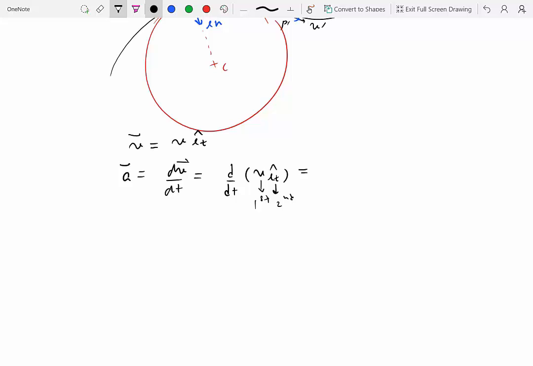If you're taking the derivative of a product of two functions, the value is dv over dt times e_t hat plus v times d over dt of e_t hat. Essentially, the derivative distributes through the product of two functions. So dv over dt, what is that quantity? We know what this is. This is telling you the change in the speed.